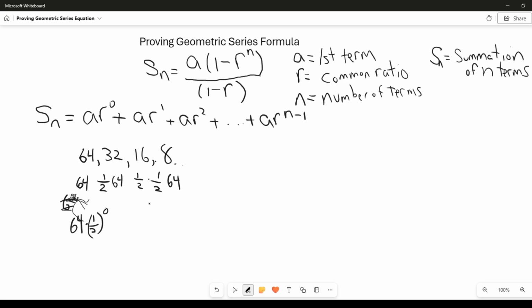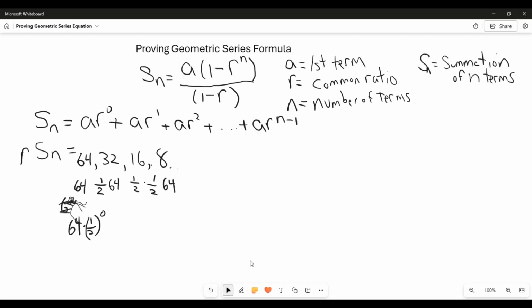So far we have that. Now, what I want to try to do is create a pattern where I can get rid of some of these terms just by multiplying. The quickest way to do it is by multiplying the whole thing times r. So if I multiply r times S sub n, let me erase this. I shouldn't say real quick because I am not that good at this technology.